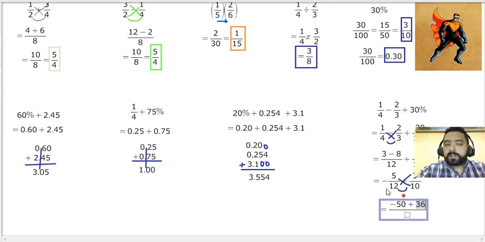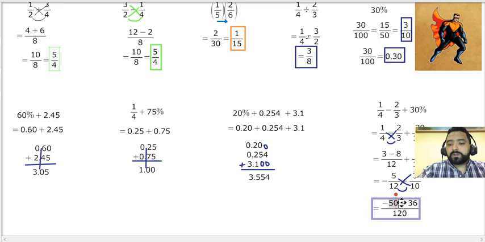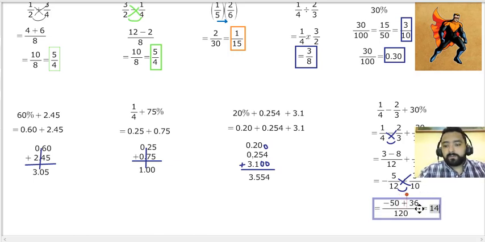We are going to take this negative just for this number. So we're going to have 12 times 10, which gives 120. And then we are going to have negative 50 plus 36, which equals negative 14. And finally, the answer is going to be negative 14 over 120.